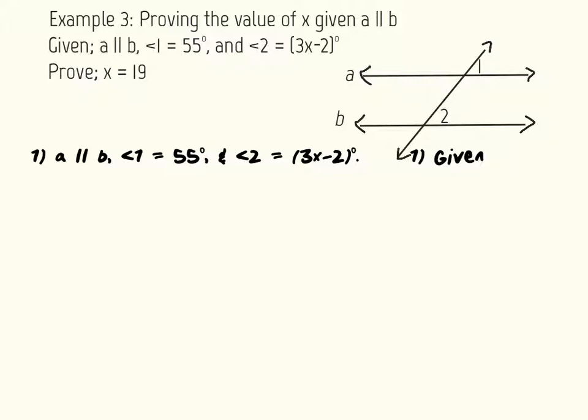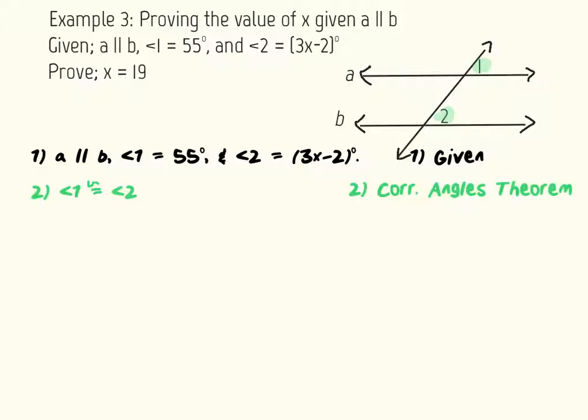Next step is to see what we have and what we can do from there. So what I have is angle 1 and angle 2. Those two things are corresponding angles. So if I look back at my theorems, I should see that corresponding angles are supposed to be congruent to each other. So that's the next thing that I'm going to say.